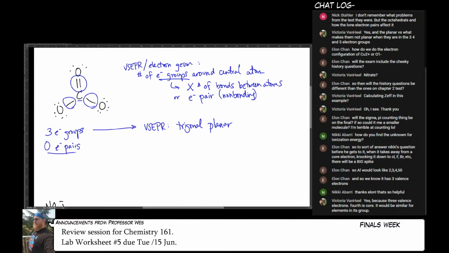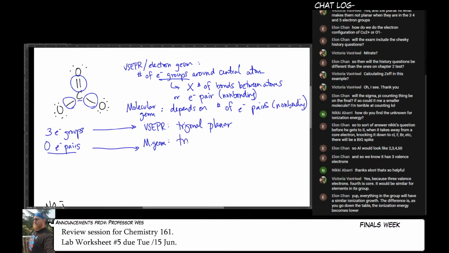And then of those 3, 0 of them are electron pairs. So that tells us the molecular geometry, which depends on the number of electron pairs that are non-bonding. So the molecular geometry for this, since there are 0 electron pairs, is the same.